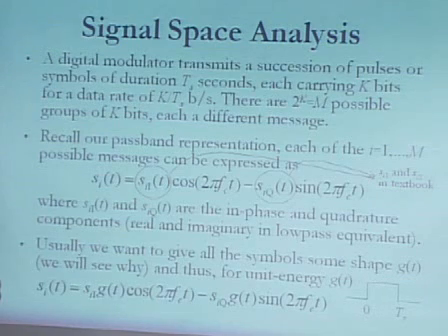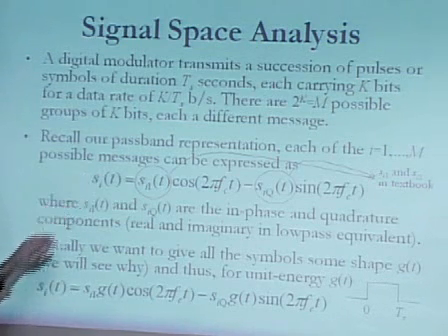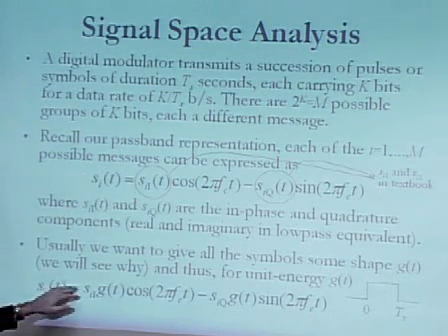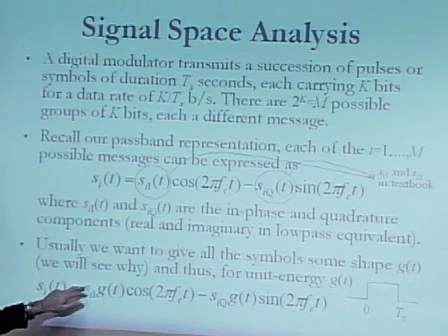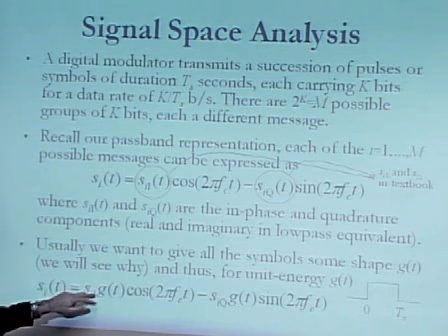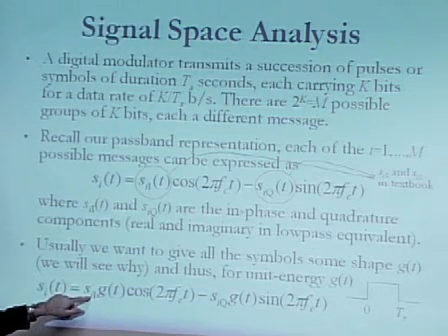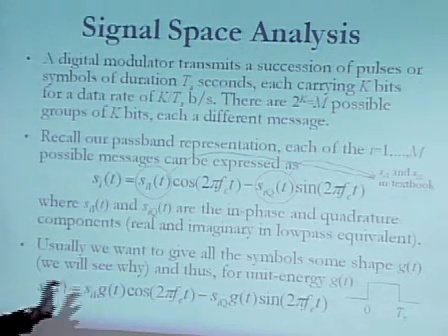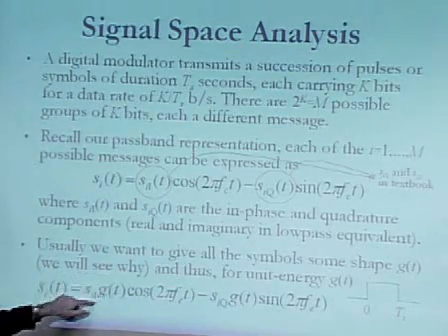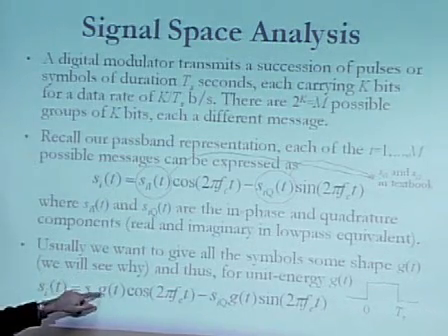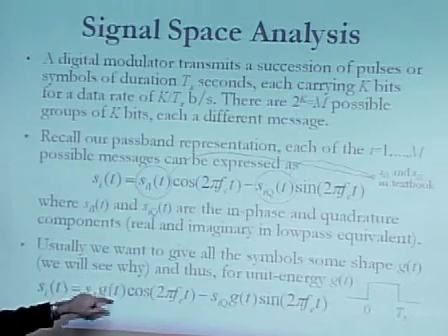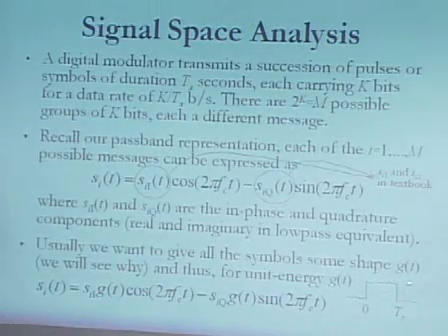And so this s sub i of t can be expressed as s sub i I, so this is the in-phase coefficient for the ith signal. This does not depend on time, it's just a coefficient. Times g of t, so this g of t has the temporal shape.